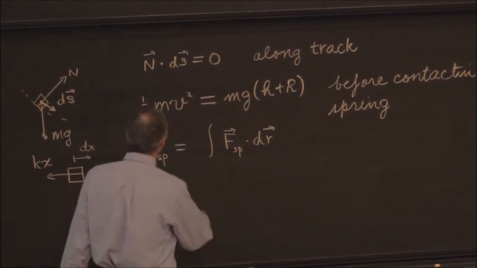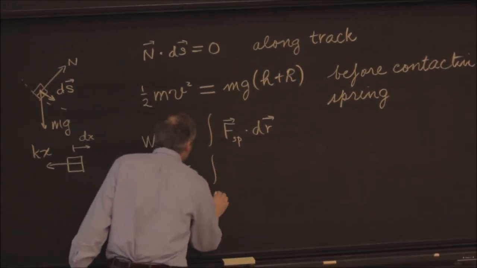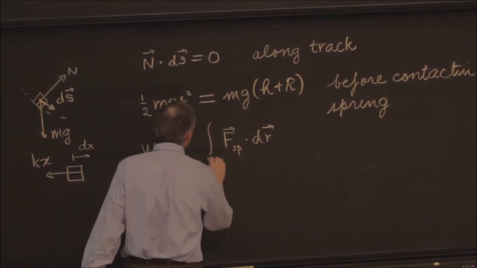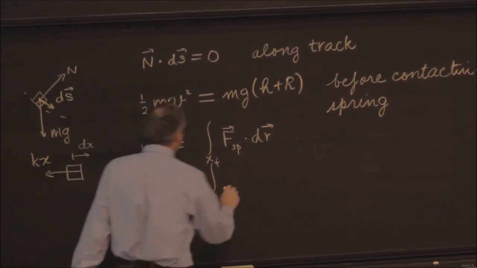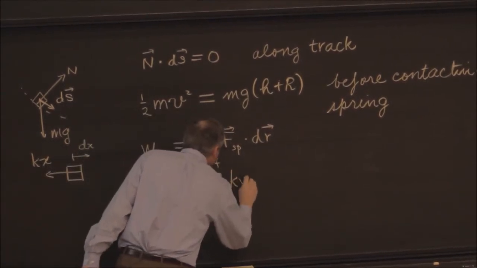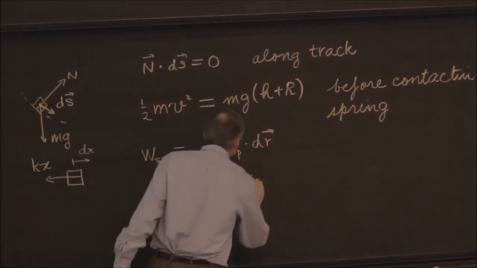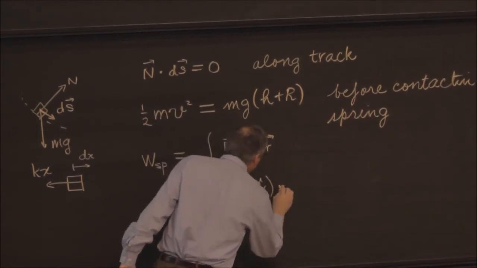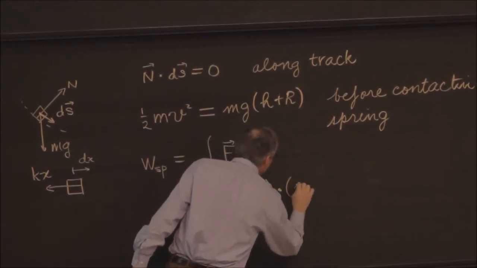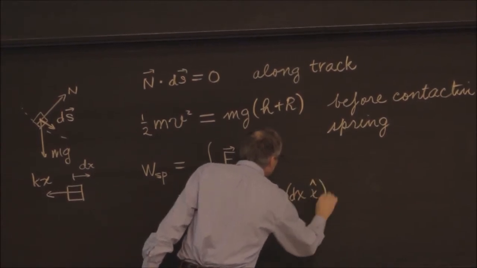And so what do I get? I get the integral from x is 0 to some maximum compression of kx, the magnitude of the force. It's in the negative x direction. dr is going to be dx, and that's in the x hat direction.